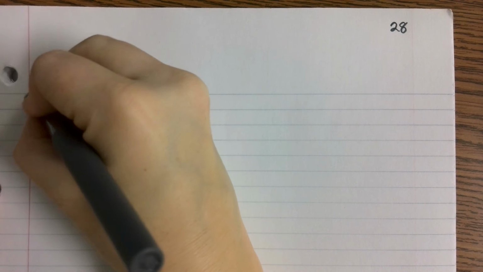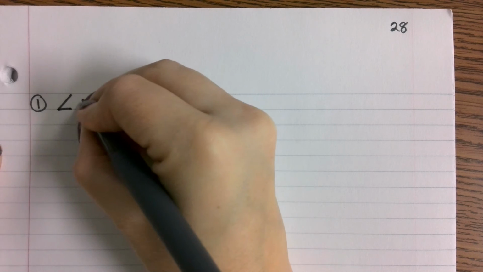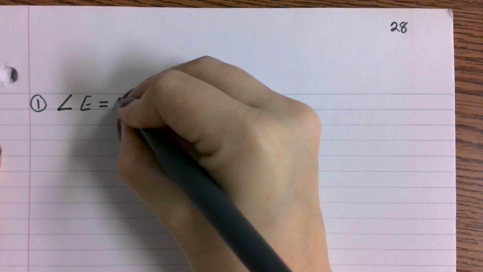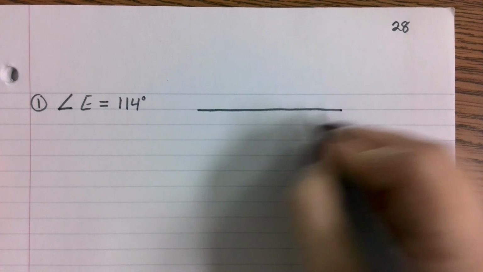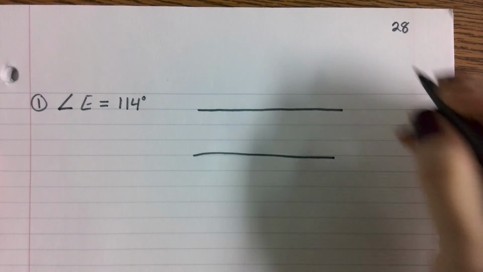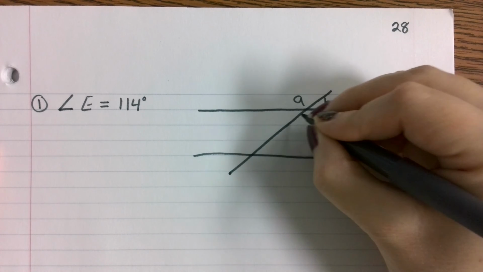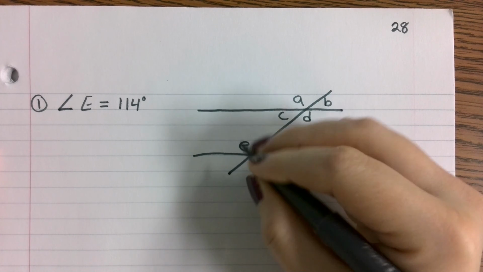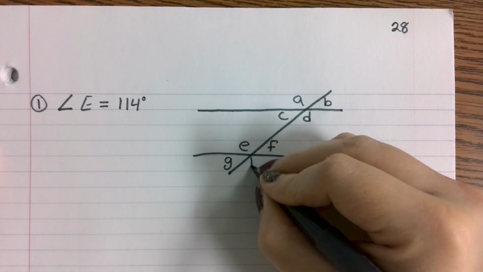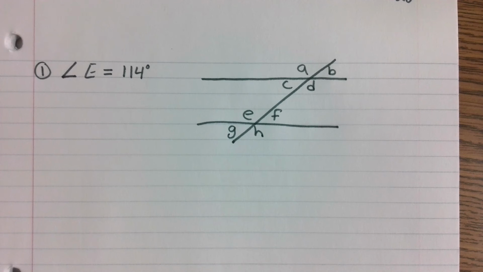Alright, page 28. I want to know the angle measurement. If angle E is equal to 114 degrees, and I'm giving you the following transversal set, angle E is equal to 114.